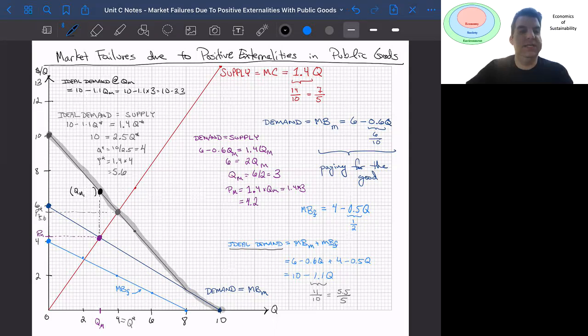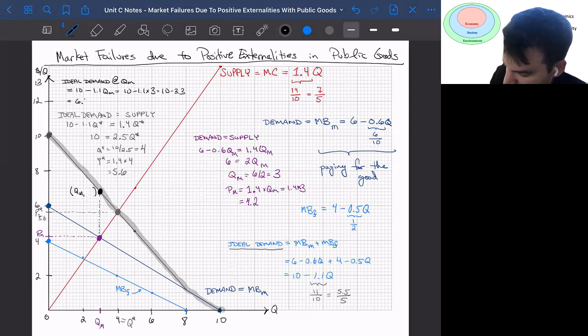And just because I never do math in my head when I'm being recorded, that ends up giving me 6.7. So that tells me that this price here is 6.7.